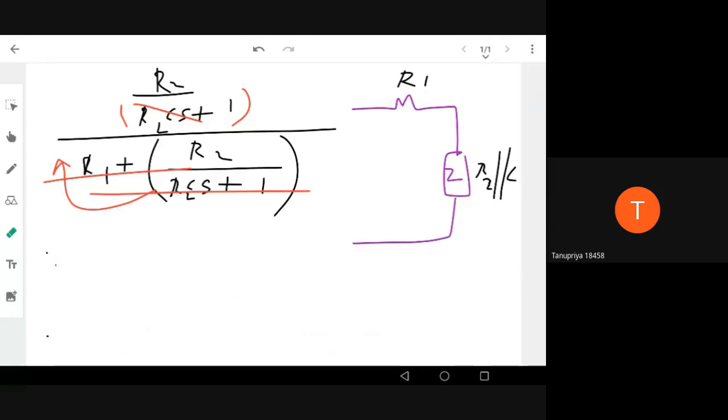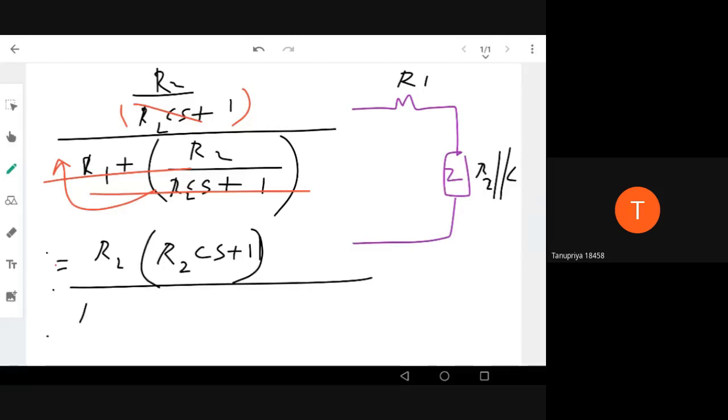I think this kind of question is asked in GATE also. You'll be given some circuit, you have to draw it fast. So this thing is very helpful. Directly convert into Laplace transform and just do it fast. So this will be R2, and this will go to the denominator, R2 Cs plus 1. This will be in the numerator.